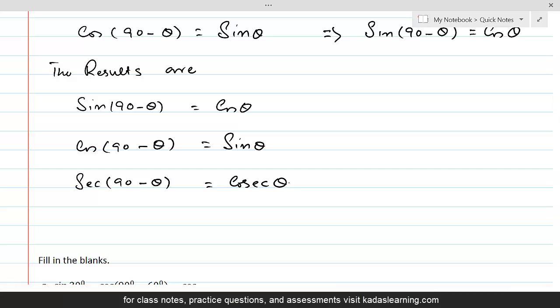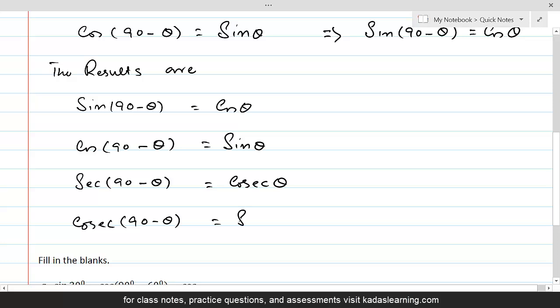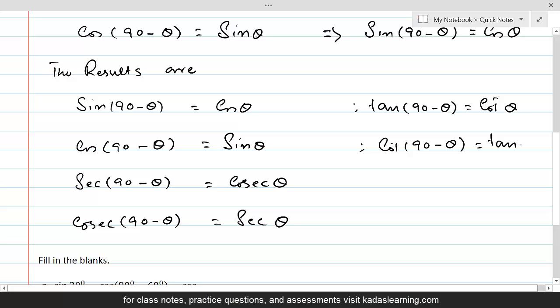So if sine and cos change, then so will secant and cosecant change. So cosecant of 90 minus theta will be equal to secant theta, and the tan of 90 minus theta changes to cotangent of theta, and cotangent of 90 minus theta changes to tan theta.